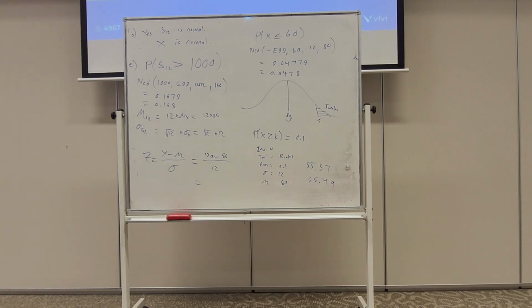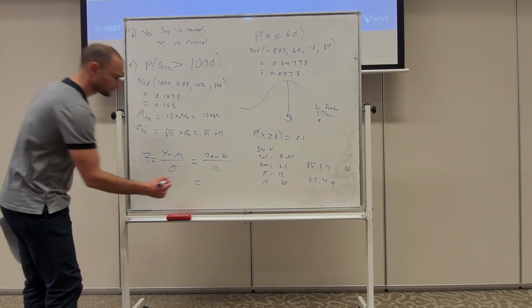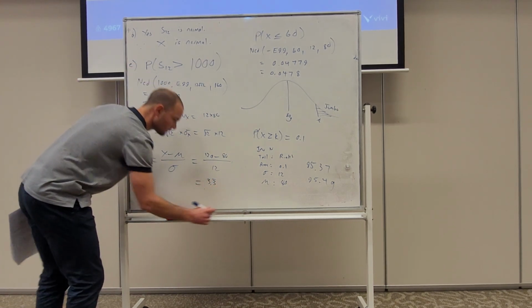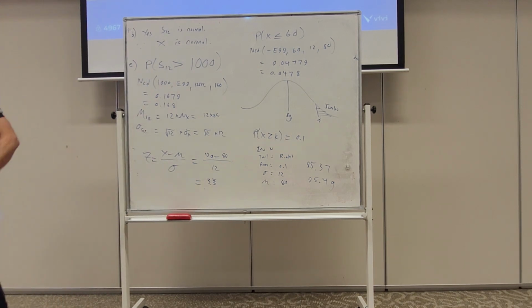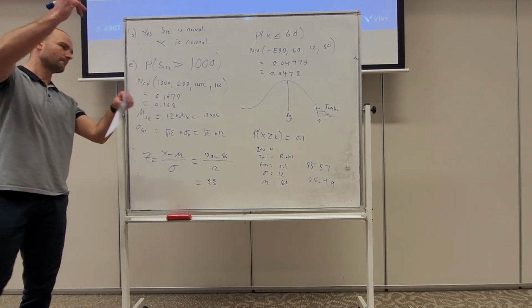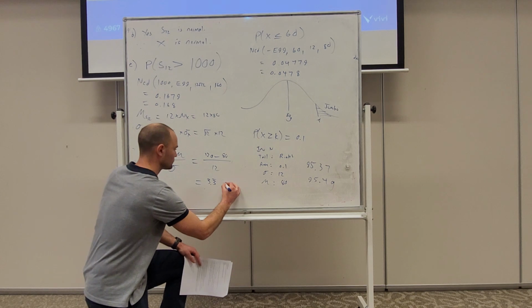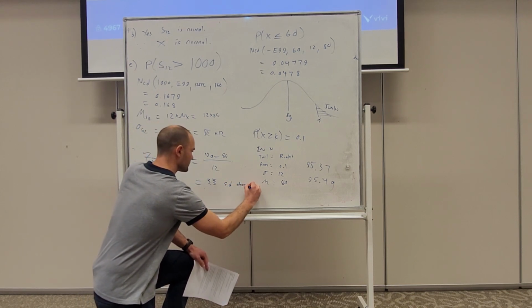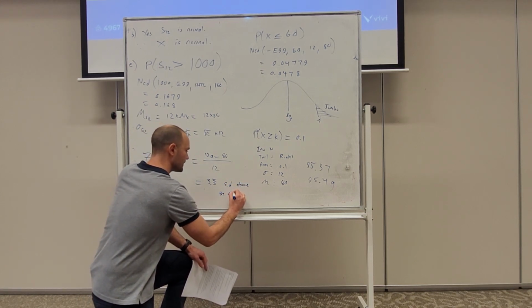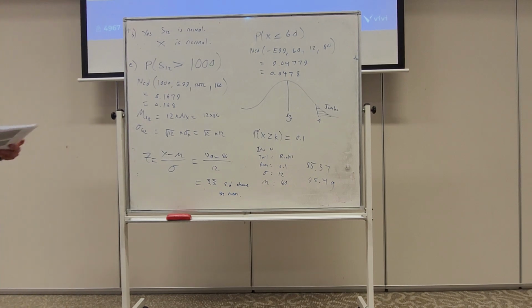So 40 on 12, just over 3.3. So it's 3.3 standard deviations above the mean. Above because it's positive. Remember, negative z-scores mean it's below the mean.